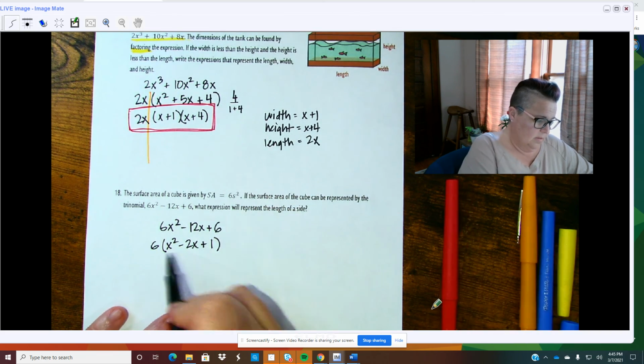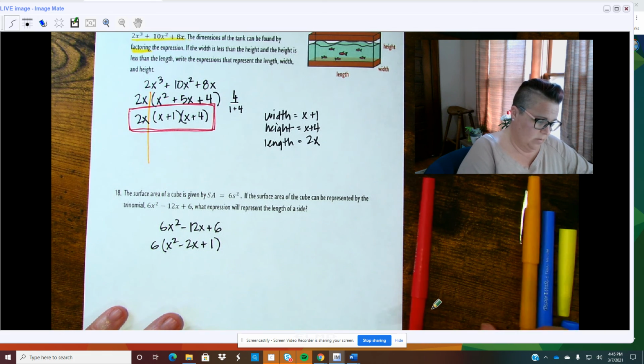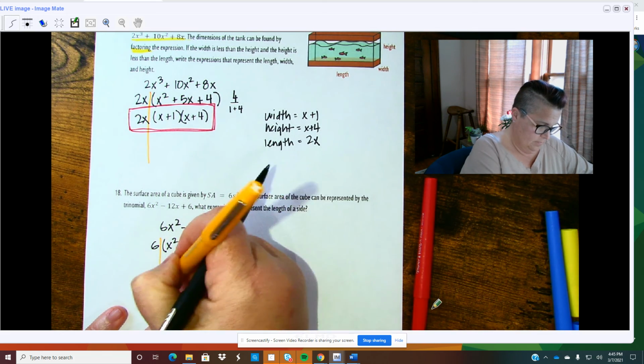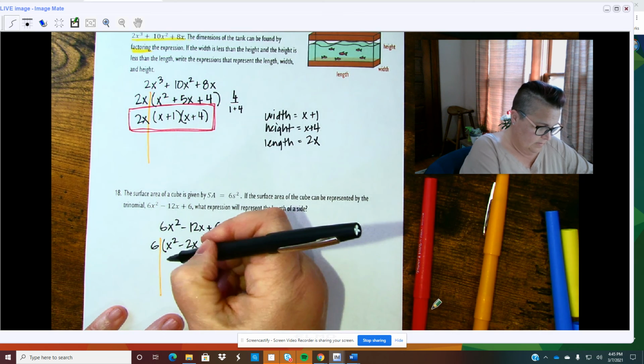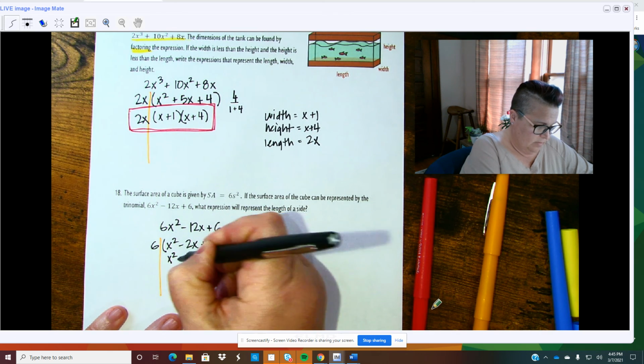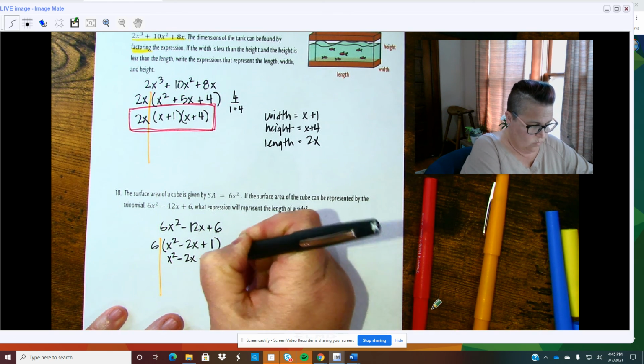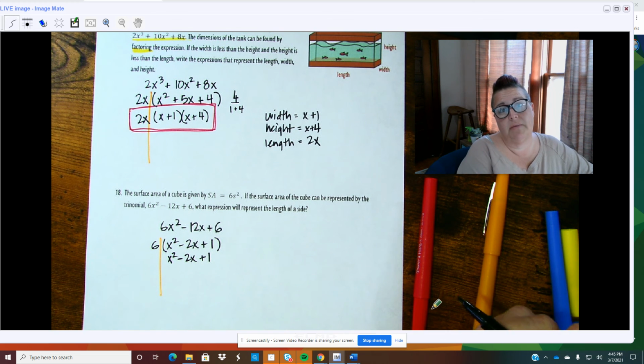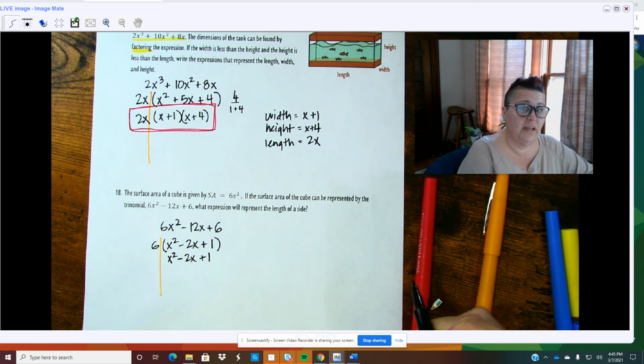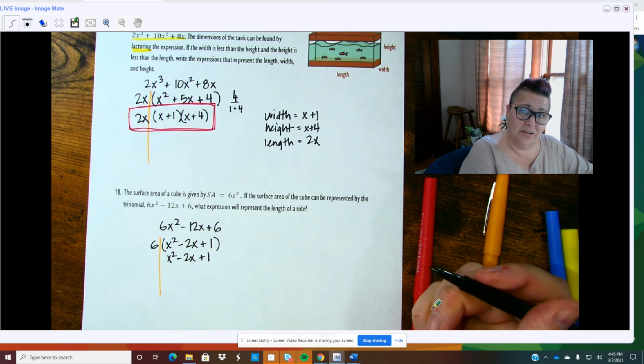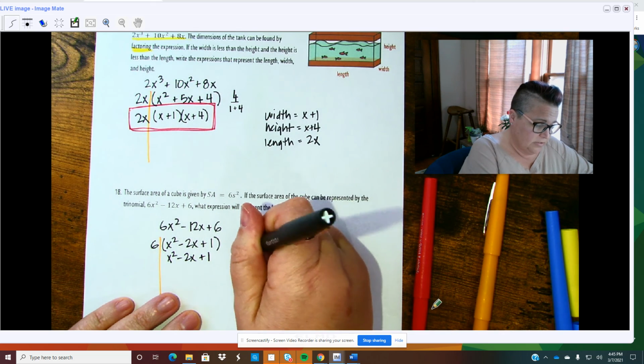Now, that trinomial does have a leading 1. So if I'm dealing with x squared minus 2x plus 1, I could use the mental math or I could use the factor by grouping. They both kind of start the same though, right? I need the factors of 1.